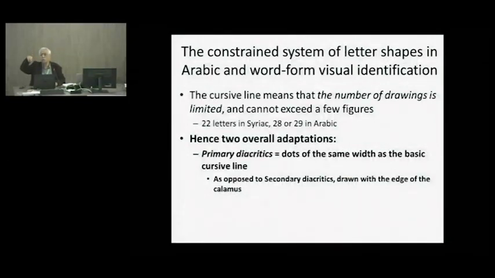You put a dot under the small stroke and you have a B. You put 2 dots and you have a T. You put 1 dot above and you have a noon, N, etc. And 3 dots, you have a Tha. So these primary diacritics are part of the character.